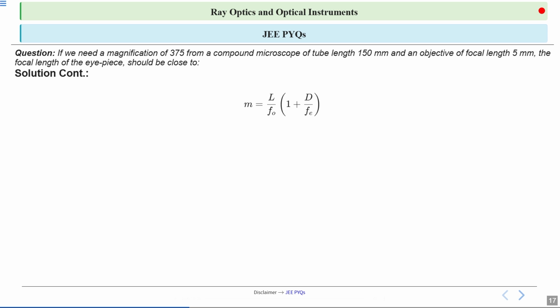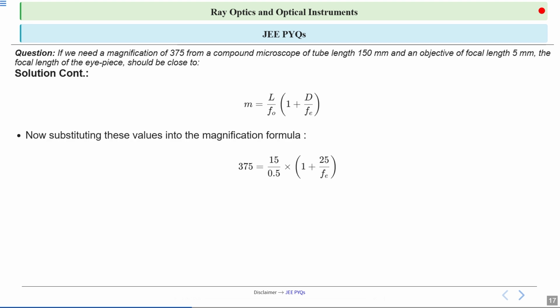So now this is the formula for magnification for a compound microscope. M equals L upon f0 multiplied by 1 plus D upon Fe. In this equation, M is the magnification, L is the tube length, f0 is the focal length of the objective lens, Fe is the focal length of the eyepiece, and D is the least distance of distinct vision, which is 25 centimeter.